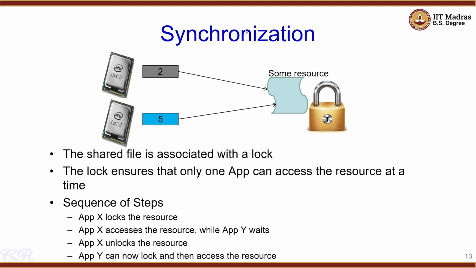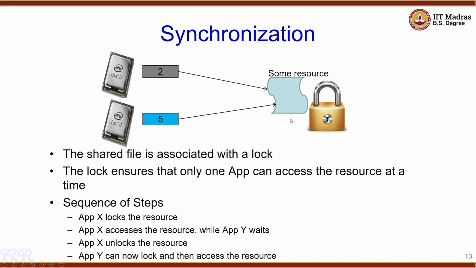One common way by which operating systems solve this problem is with the help of something known as synchronization. Synchronization is essentially a software primitive, and could be considered something like a lock. So, if you have a resource and you associate that resource with a lock, it essentially means that at any given instant of time, you could have only one application which could use that particular resource.